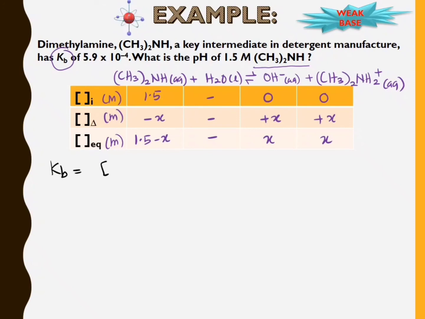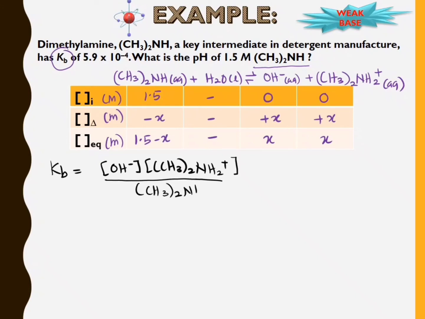Concentration of product, so we have OH minus times (CH3)2NH2+. This is the concentration of product, divided by the concentration of reactant, (CH3)2NH. H2O is not included. So Kb equals X squared divided by 1.5 minus X, equal to 5.9 times 10 power negative 4.